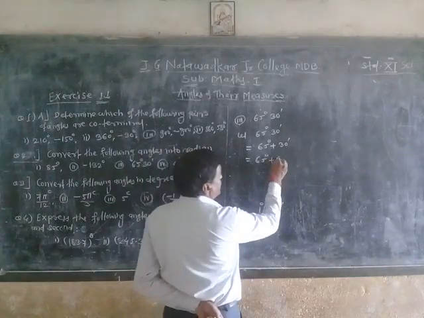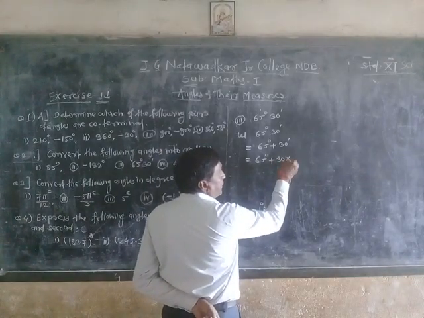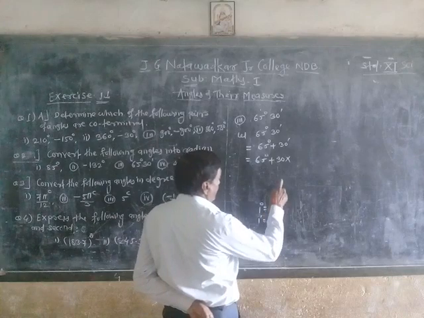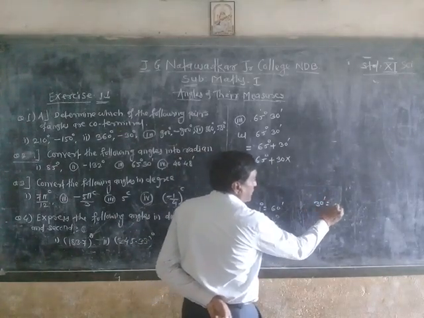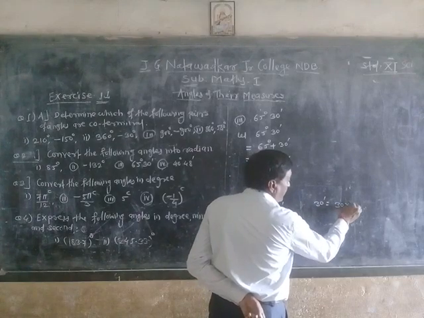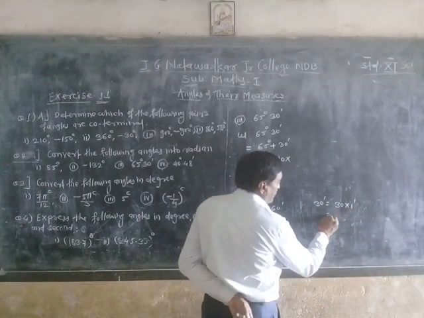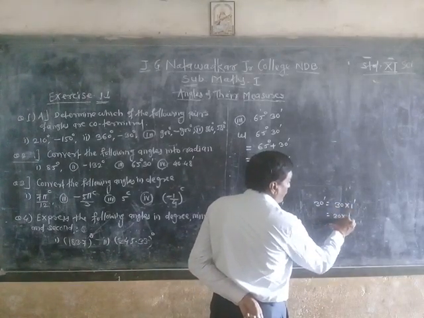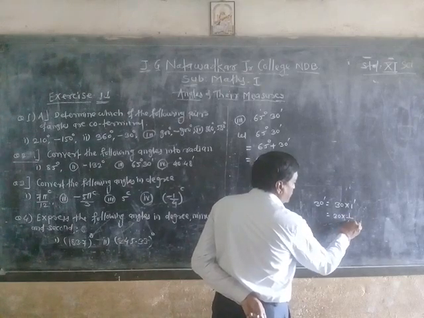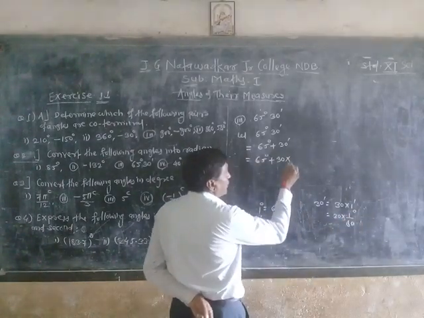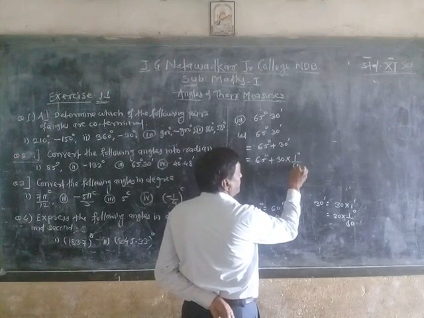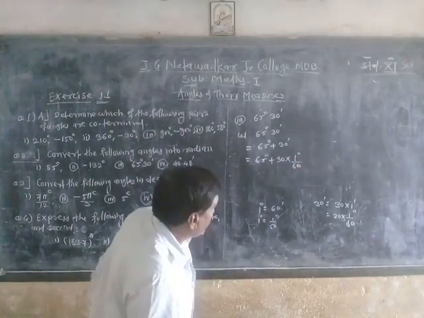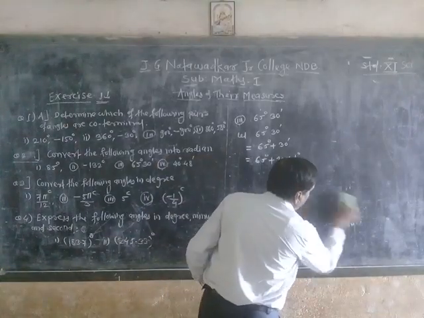We get here the numerical figure 30, multiplied by the value of 1 minute, because 30 minutes can be expressed as 30 multiplied by 1 minute. And so 30 into the value of 1 minute will be 1 upon 60 degree. So we finally get 1 degree upon 60, or otherwise 1 upon 60 degree. Like this we can express it.